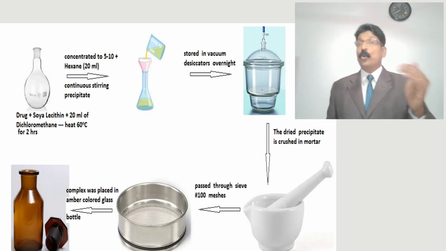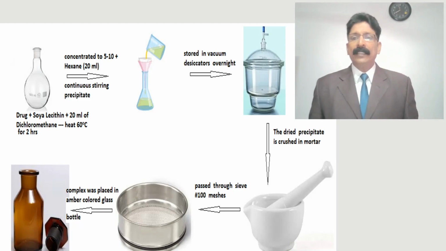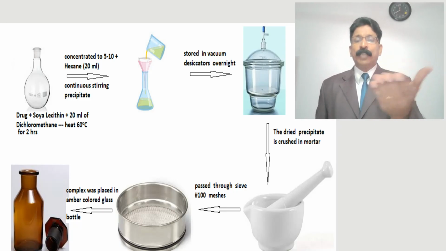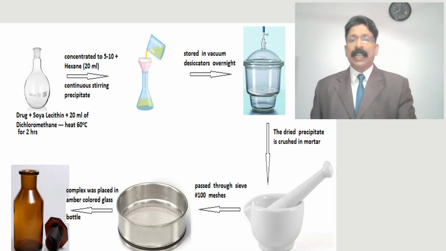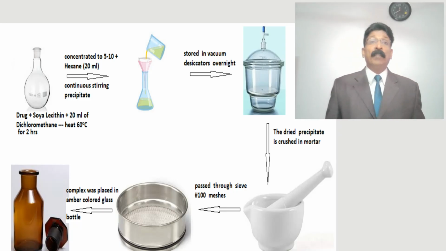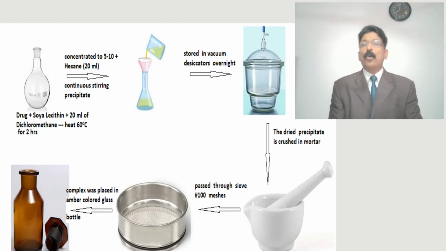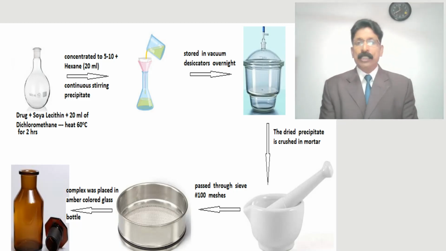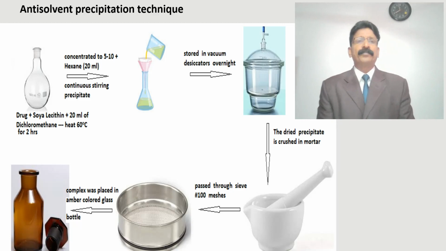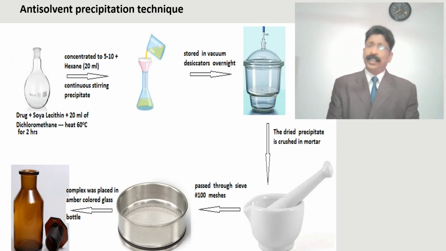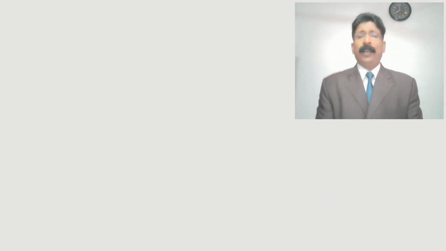It is stored in a vacuum overnight, and then the precipitate taken from the desiccator is crushed and passed through a 100 mesh sieve, and then stored in an amber colored bottle because it is light sensitive. So the anti-solvent precipitation technique can be used for preparing phytosomes.